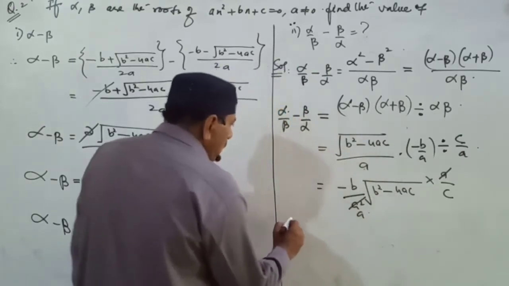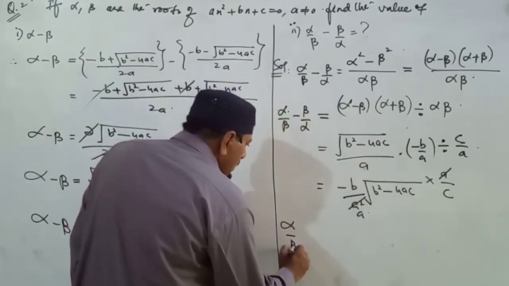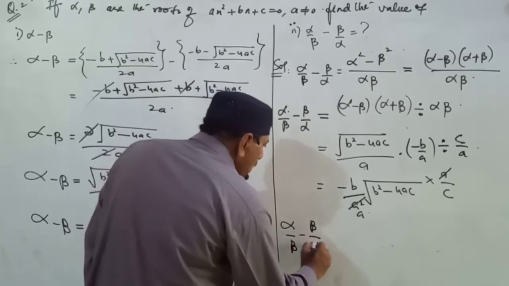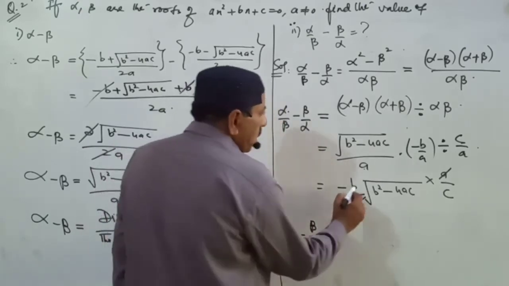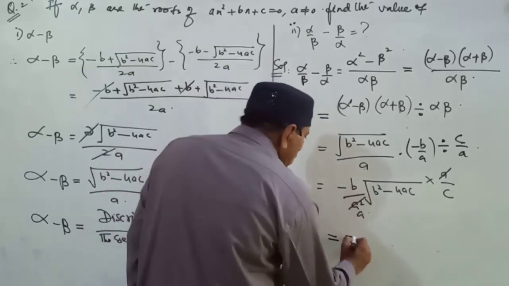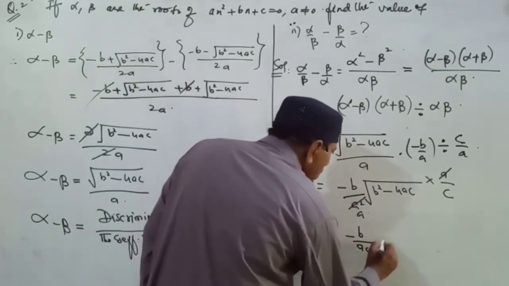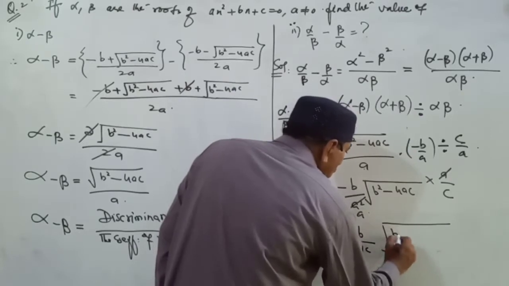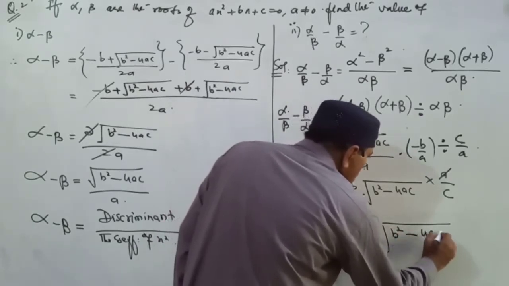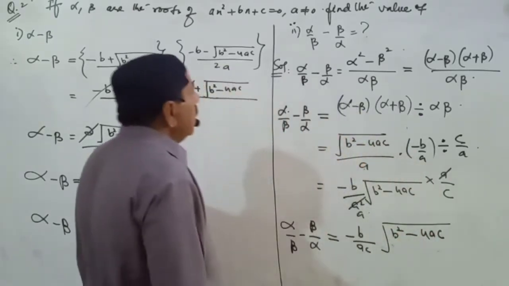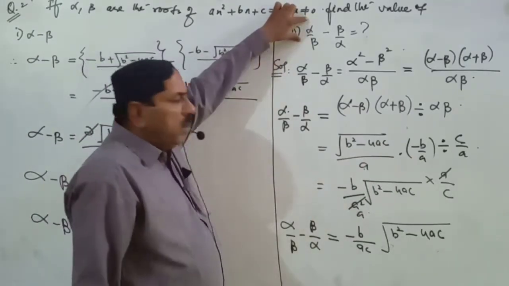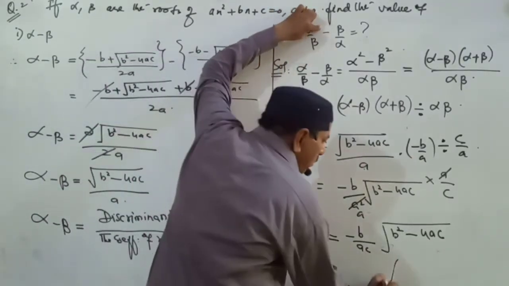So the value of alpha upon beta minus beta upon alpha is equal to minus B upon A into C, AC, radical b square minus 4ac. This is the value of alpha upon beta minus beta upon alpha.